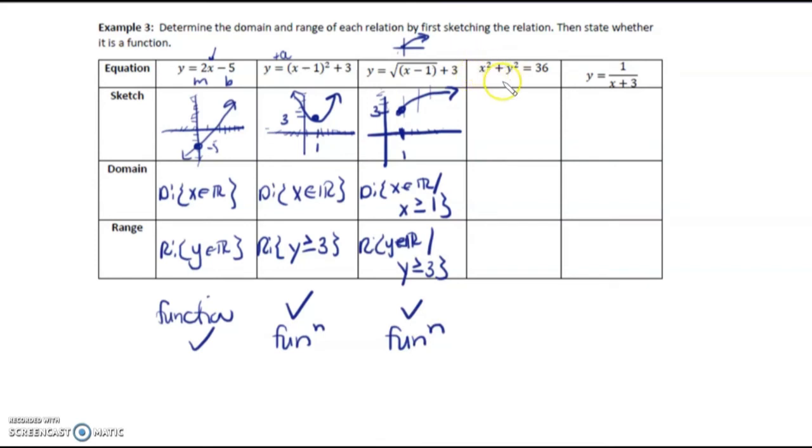Okay, we're going to study this one as well. x squared plus y squared equals 36. We studied this last year in grade 10. This is a circle with radius 6. So for the x, x is an element of the real number system such that the x's occur between -6 and 6.